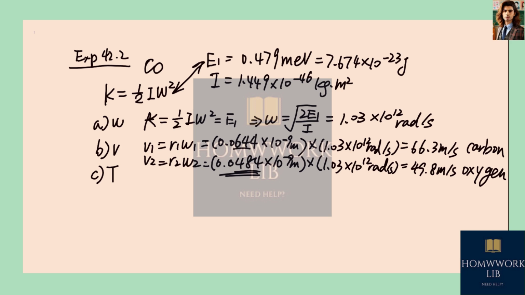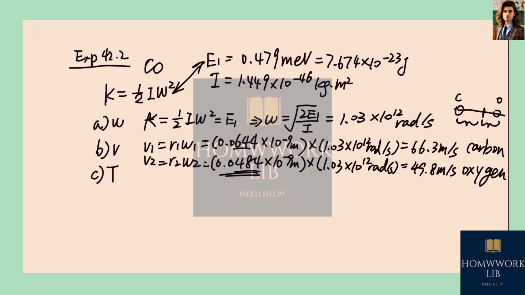Because of that, oxygen shouldn't travel as much as carbon. The radius should be smaller. Again, when I say radius, I don't mean the radius of the atom itself. I mean the radius they're traveling, their distance to the center of mass in this bond.